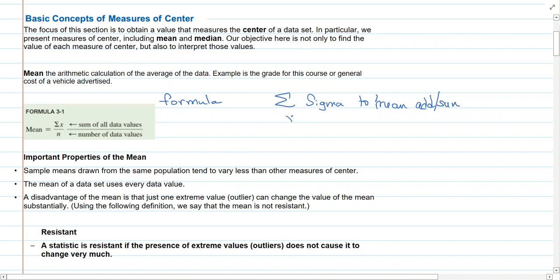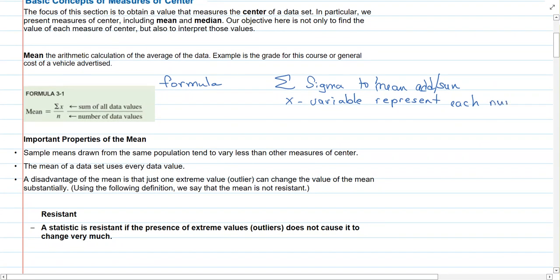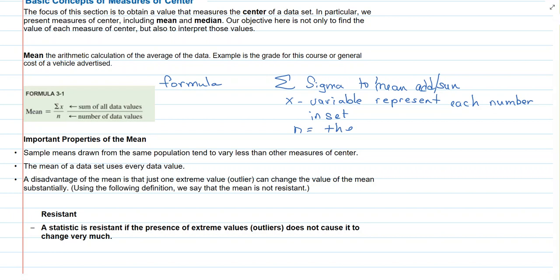The variable x represents each data element, each element in the set, I'll just say each number. And n is the total number of elements.